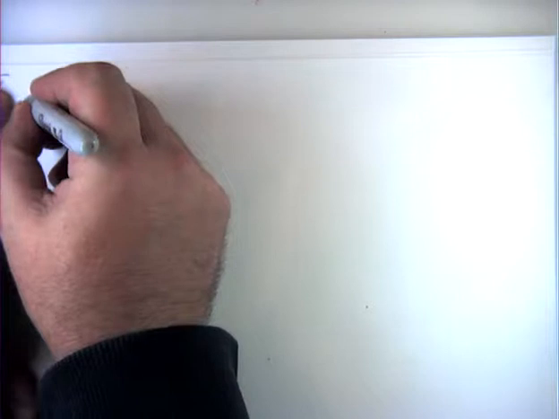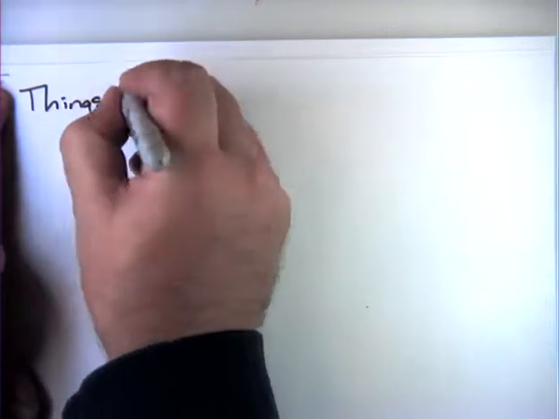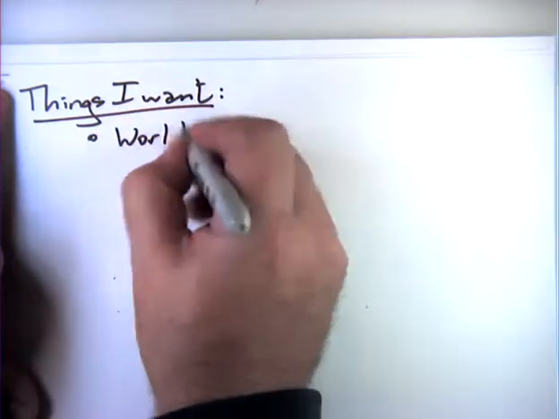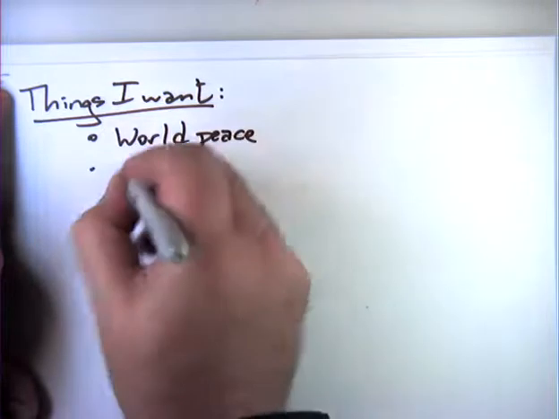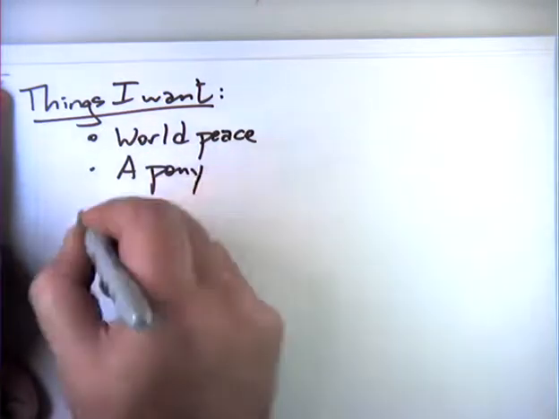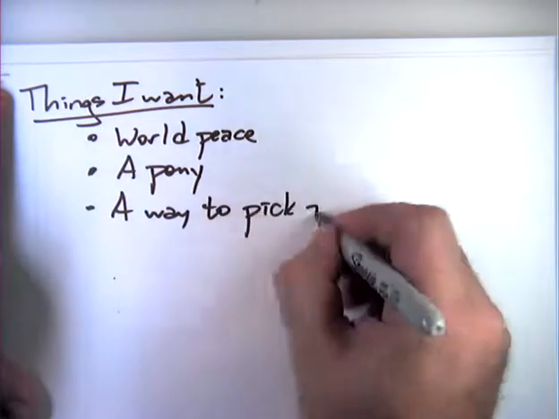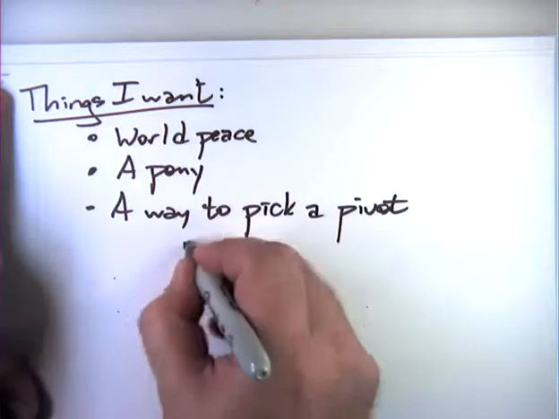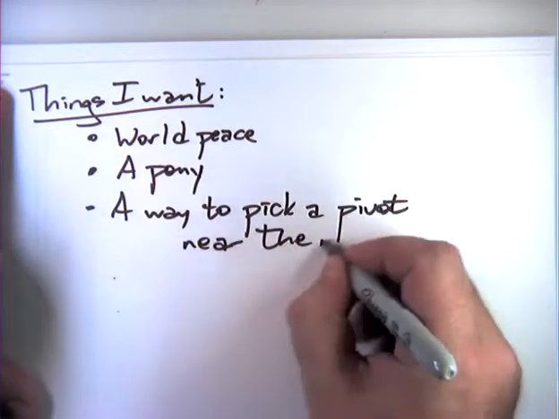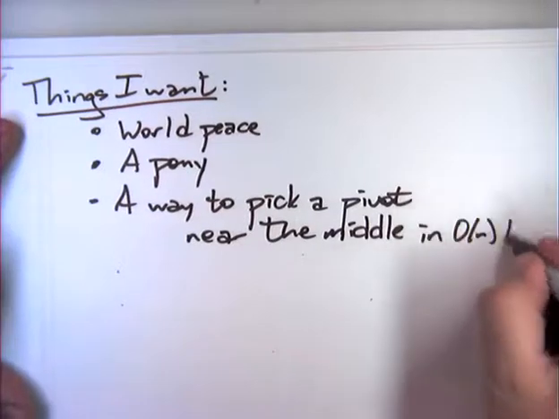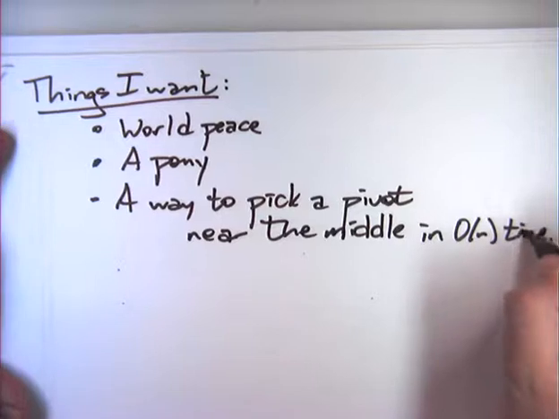Now, what you'd like is, things I want: world peace, a pony, and a way to pick a pivot near the middle of the final sorted array quickly. And I need to be able to do this in linear time.